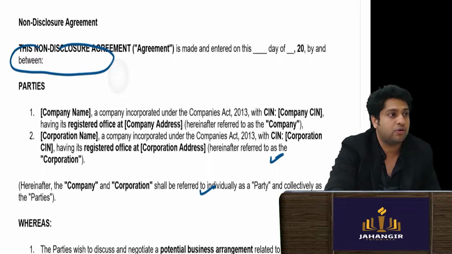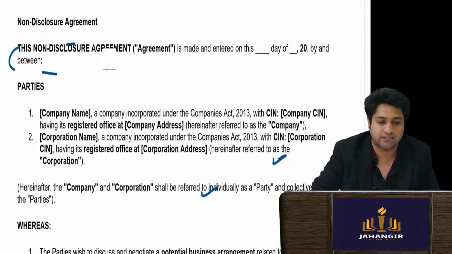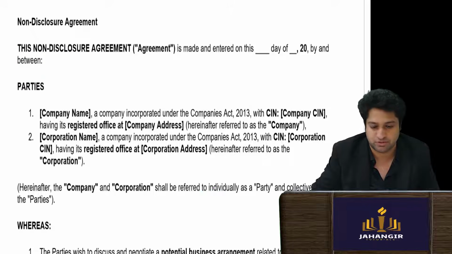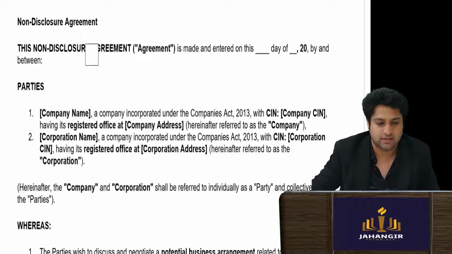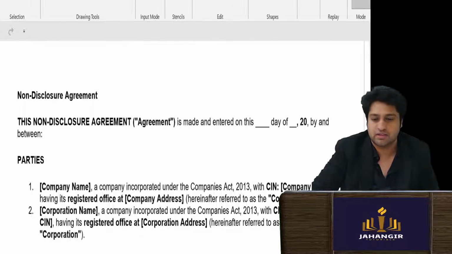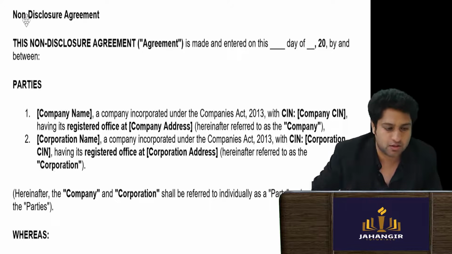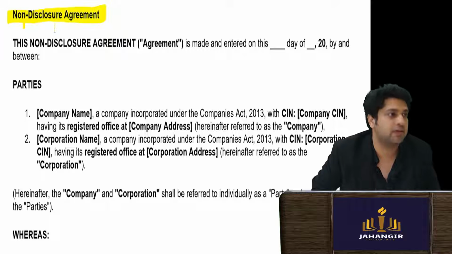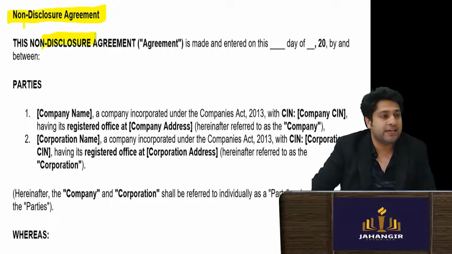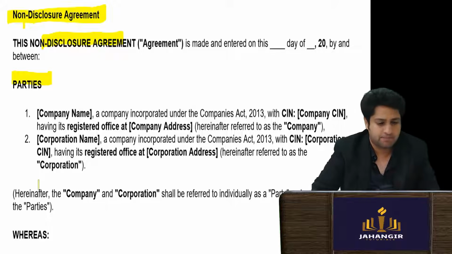Now always in an NDA you have to mention a transaction, that is, why you are entering into it and why one party is giving confidential information to the other, right? So it happens in a transaction. Now, this NDA is an agreement between party 1 and party 2.